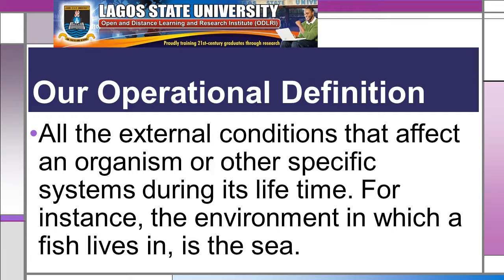So environment is defined in this lesson as all the external conditions that affect an organism or other specific systems during the lifetime of that organism. For instance, the environment in which a fish lives is the sea. Therefore, the sea is the environment of that fish.